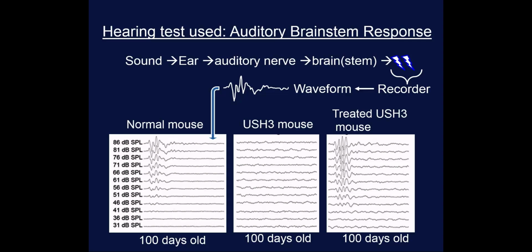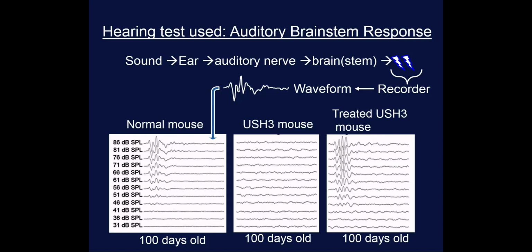So this slide shows simply the schematic for an auditory brainstem response, one of the tests used to check hearing sensitivity. At the top right, we start with a sound provided to the ear.